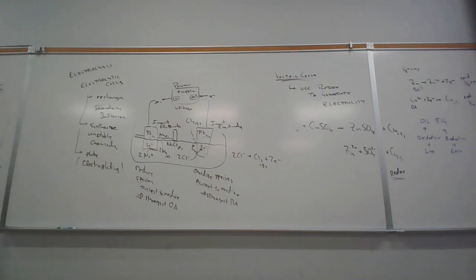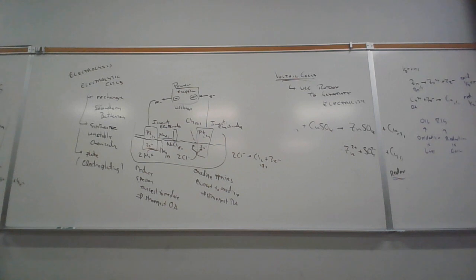So we'll take 2 waters, and we'll generate an oxygen gas plus 4H plus, and for each oxygen, we'll lose 2 electrons. And so we can actually oxidize liquid water to generate oxygen gas. So we can have oxygen gas form here.